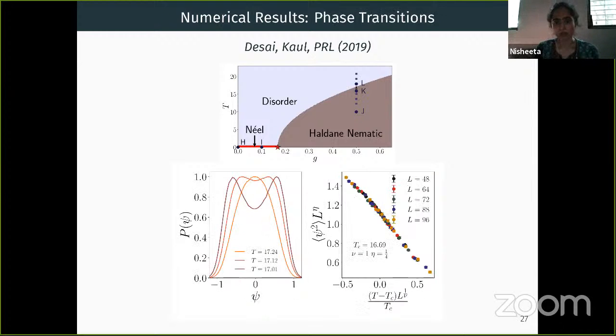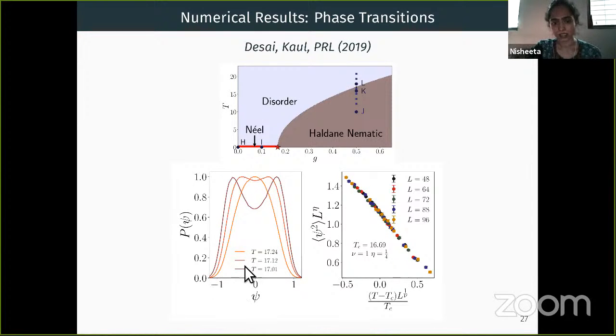Now I study the different phase transitions in this phase diagram. The first phase transition I study is along this blue line here. It's a finite temperature phase transition, going from the Haldane nematic phase to disorder. The first thing I look at is the histograms of the Haldane nematic order parameter psi.